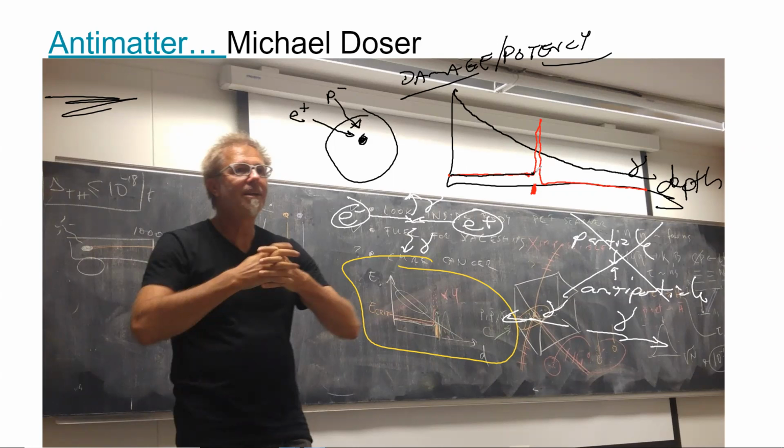It hits. But when it hits, what happens when a particle and an antiparticle touch each other? The charge cancels, and they annihilate each other, and they turn into super high energy gamma radiation.